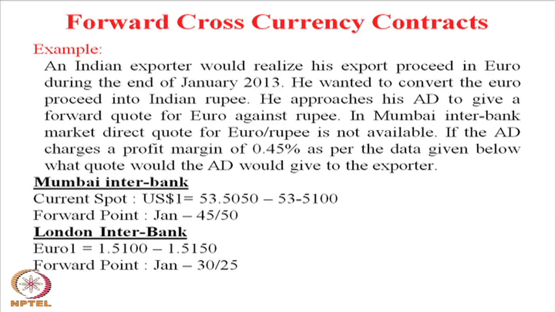Now, how can we solve this problem? Suppose you are the authorized dealer, what way can you give a quote for rupee-euro for a forward currency purchase contract for the end of January 2013?